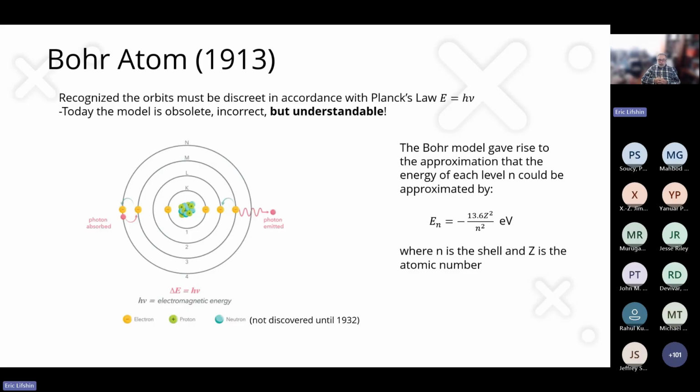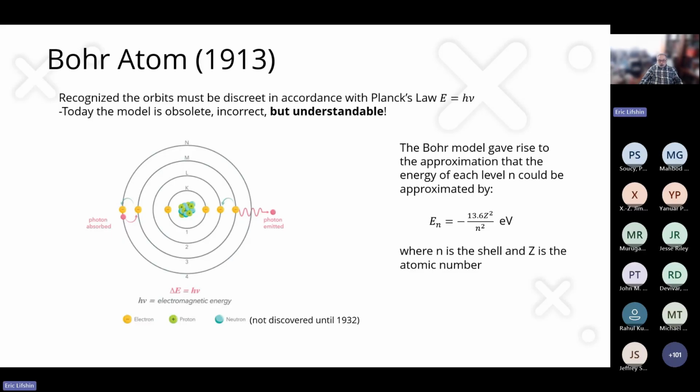Nothing was going to bounce back. The only way this could be explained was to assume that the positive charge in a material was located in very small regions, which we now refer to as atomic nuclei.